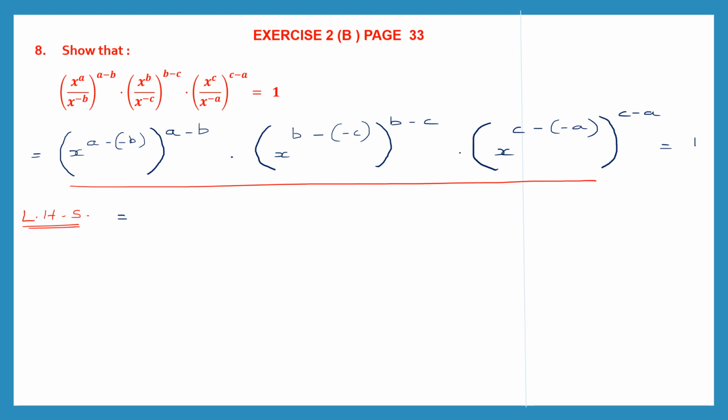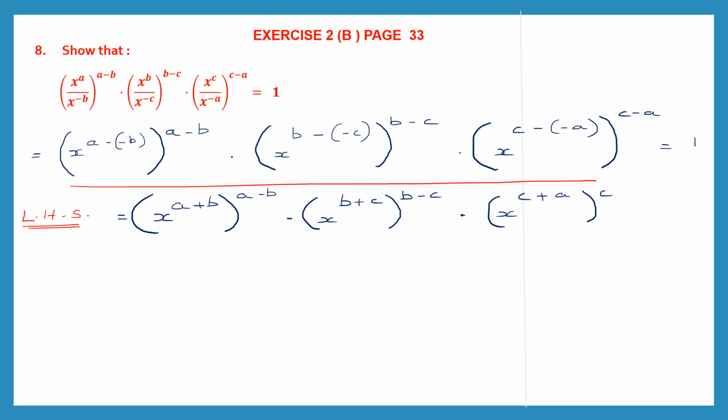So this is equal to, now here let's solve this one, x raised to the power of a minus into minus is plus, a plus b, raised to the power of a minus b, into x raised to the power of b plus c, because minus into minus is plus, and this whole thing is raised to the power of b minus c, into x raised to the power of c plus a, because minus into minus is plus, and this whole thing is raised to the power of c minus a.